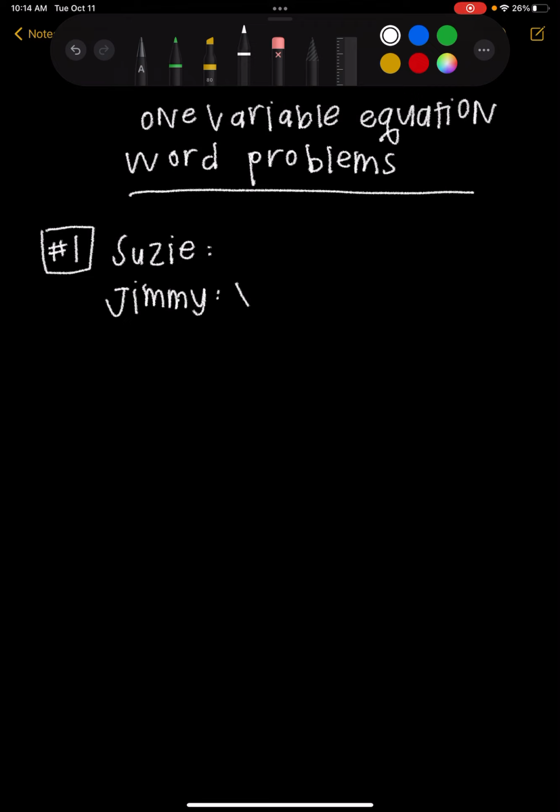So if Jimmy has X amount of candy bars, then Susie, because she has 6 times that amount, would have 6X candy bars. And we know together they have 30 candy bars. So the equation that we can write would be 6X for Susie plus X for Jimmy has to be equal to 30, because in total they have 30 candy bars.